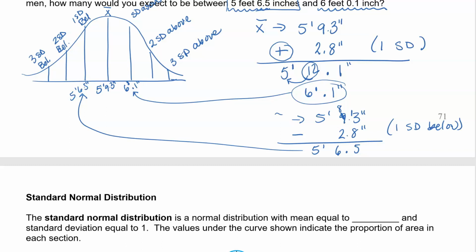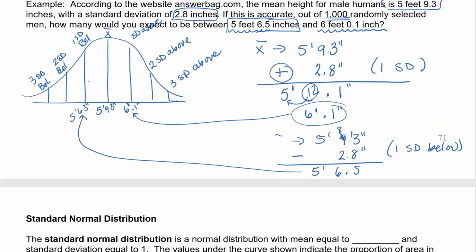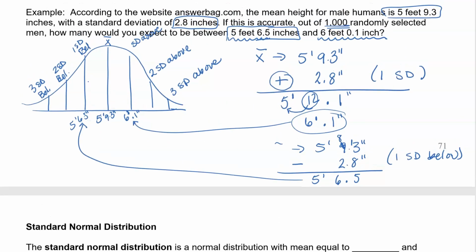So you'll find a lot of times in these beginning problems, the numbers that you're asked about will lie exactly on one of the standard deviation lines. And we want to know how many would you expect to be within that range? So how many would you expect to be within these two numbers? So on the picture, we're looking for this region. We want to know how many are in between those two numbers.